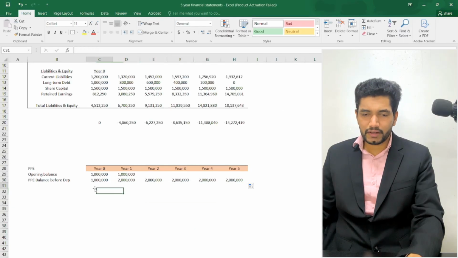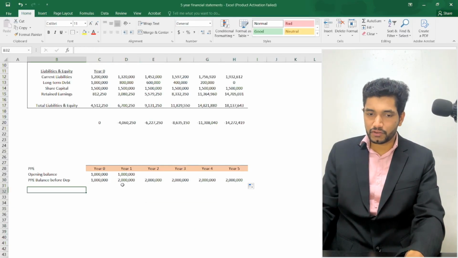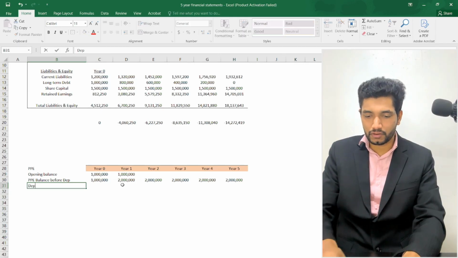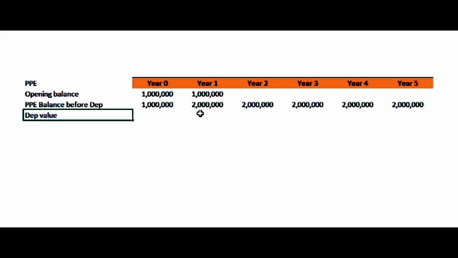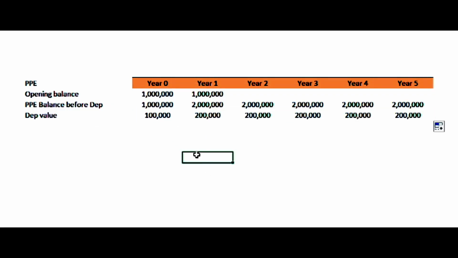So the depreciation value is divided by that. So this will be our depreciation value for the throughout the year.